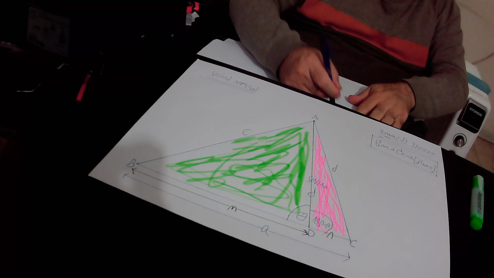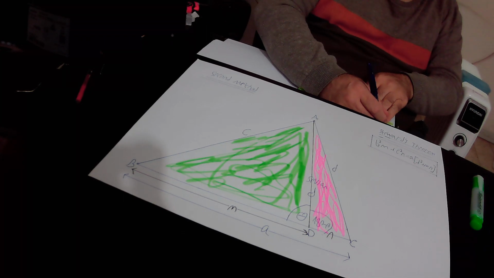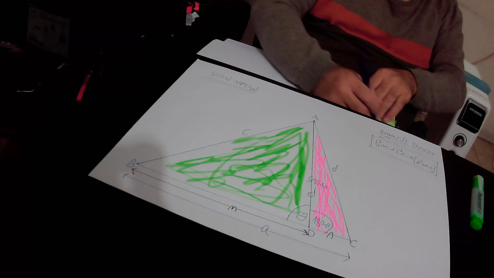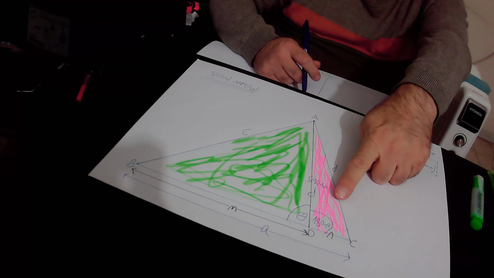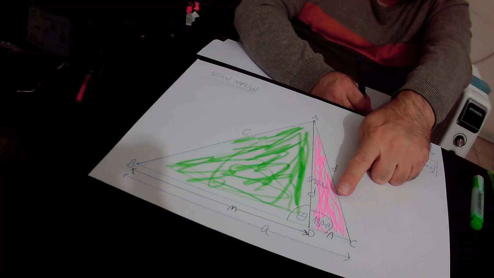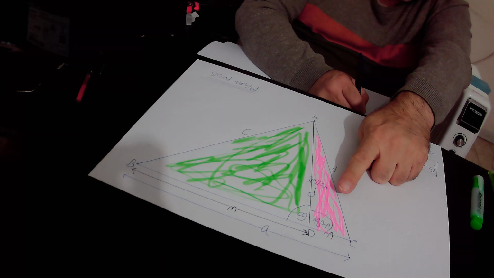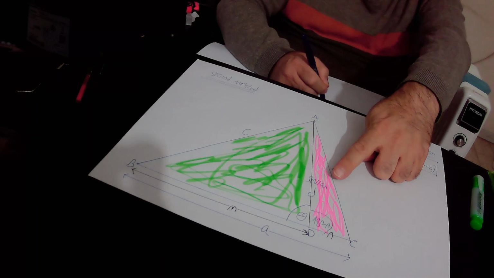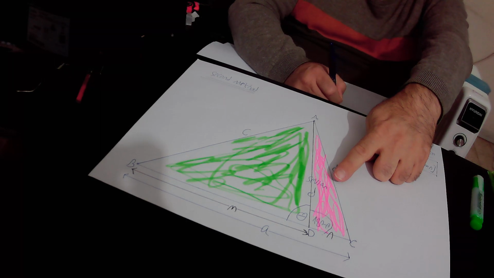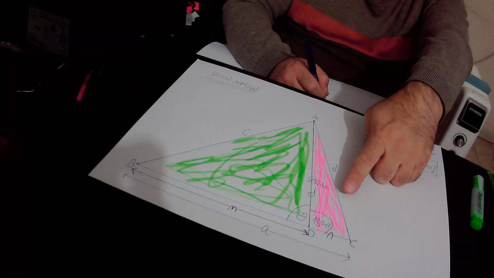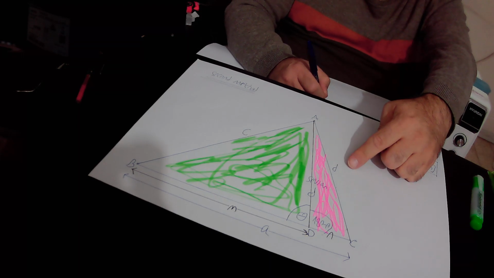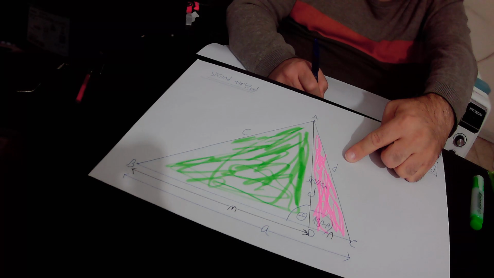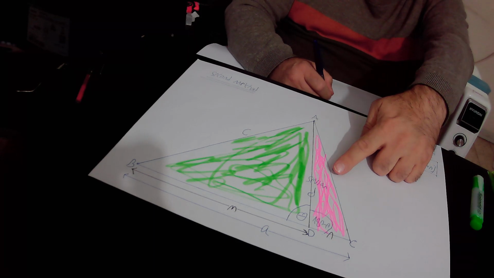So, according to the law of cosines, in the pink triangle ADC, cosine 180 degrees minus theta equals d squared plus n squared minus b squared over 2 times d times n.